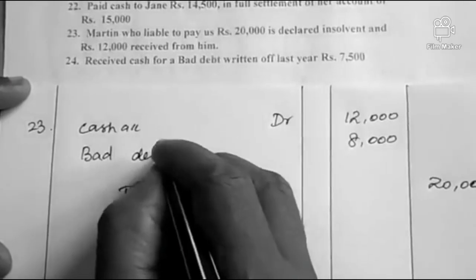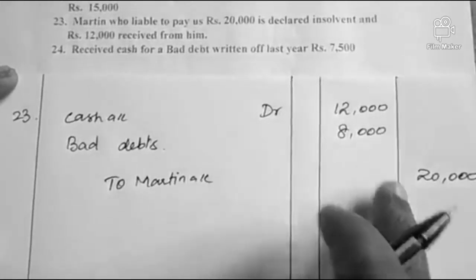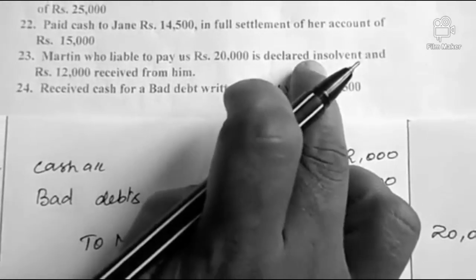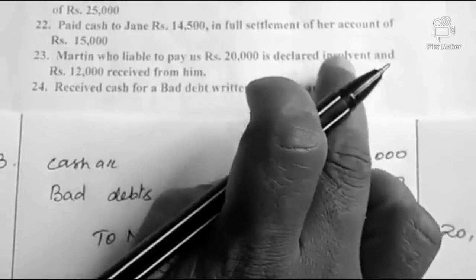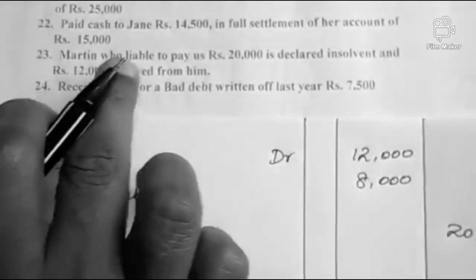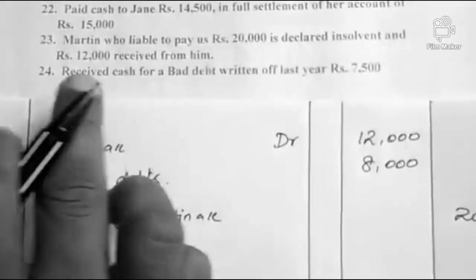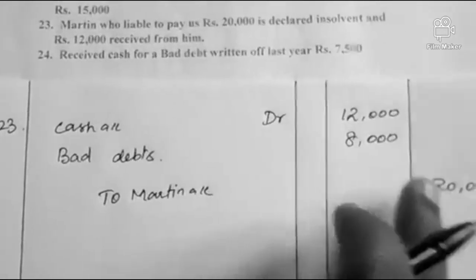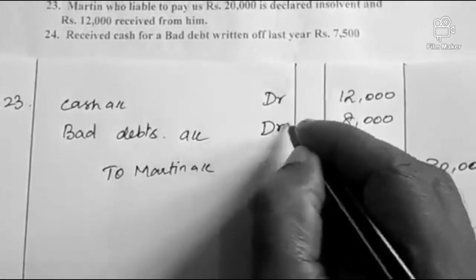Bad debts means an irrecoverable amount from Martin because he is an insolvent person. Insolvent means he is not capable, he is not able to pay the amount. So Martin, who is liable to pay us rupees 20,000, is declared insolvent and you have received 12,000 from him. So 12,000 received instead of 20,000 and 8,000 is bad debts. Bad debts account also debit.